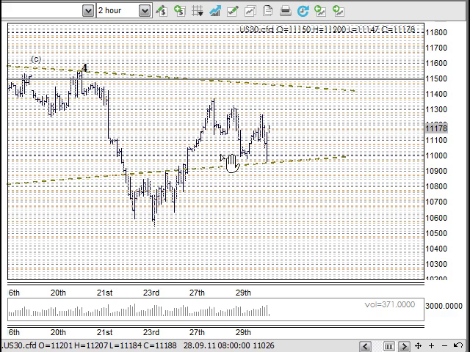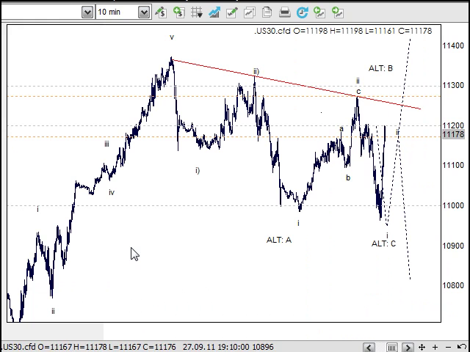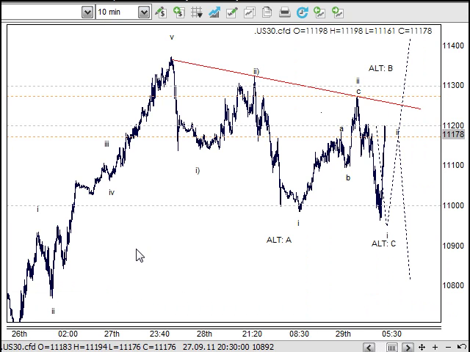If we have a look at this on a smaller degree now, this is it here on a 10-minute pattern, and as you can see here, I've got the alternative A wave here, so an A, B and a C for the A wave, B wave in 3 waves here, and a C wave down to here. So that's a possible case. Now, this is where it gets sort of interesting.